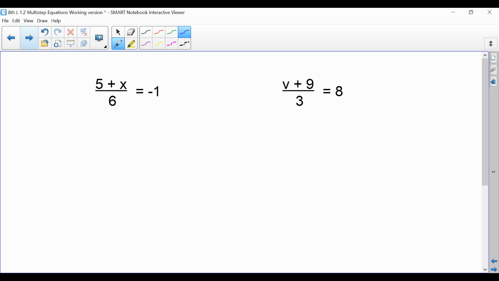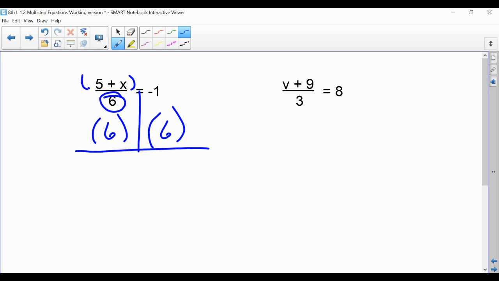When you see ones that are like this, you can't do anything with the top problem until you first multiply both sides by that number that's underneath that the top is being divided by. So we're going to multiply both sides by 6 to free up that top part. So up top we had 5 plus x equals negative 1 times 6 is negative 6.